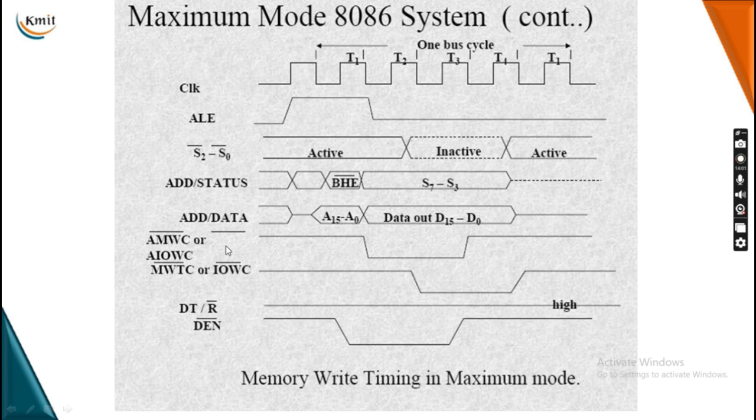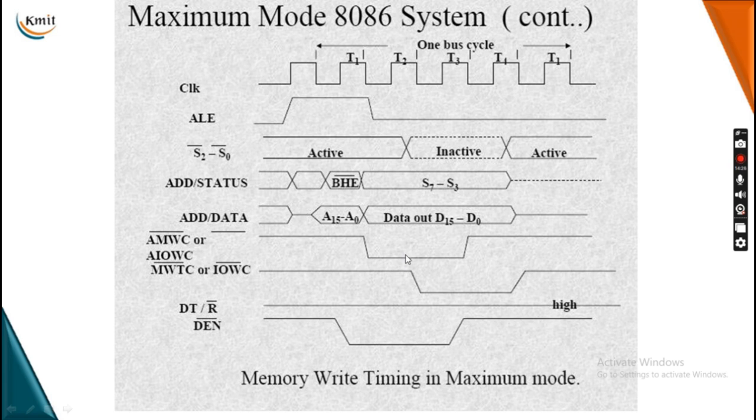The last one, memory write timing. Here write means we need to write the data, the same as whatever we have seen until now. The read will be low when it is active, and so on, because we are not going for read.